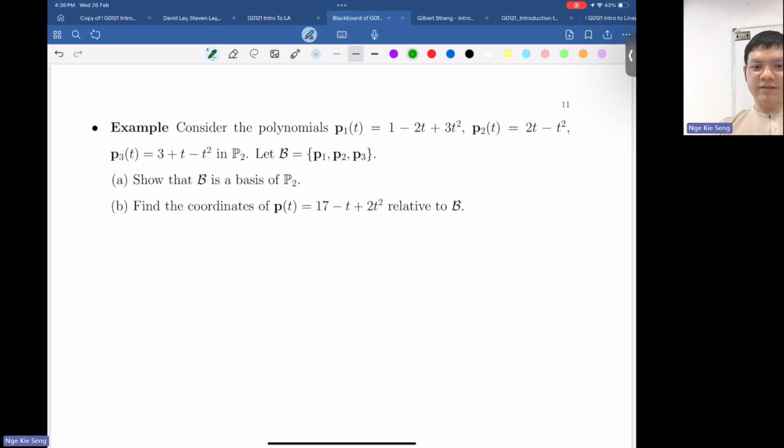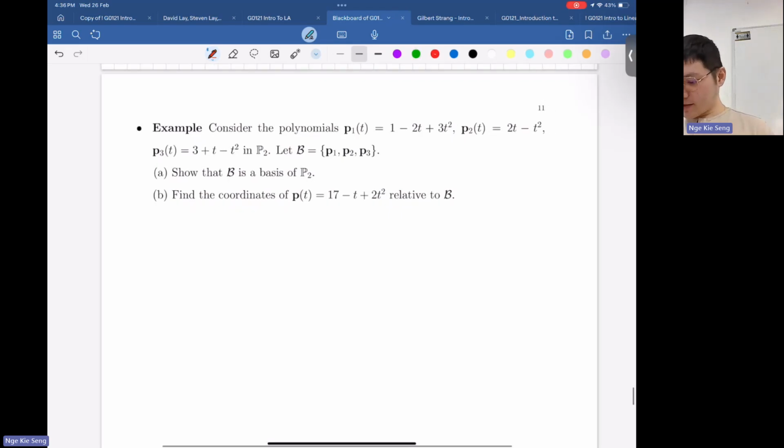There's no vector. How to check it? Go back to first principles.